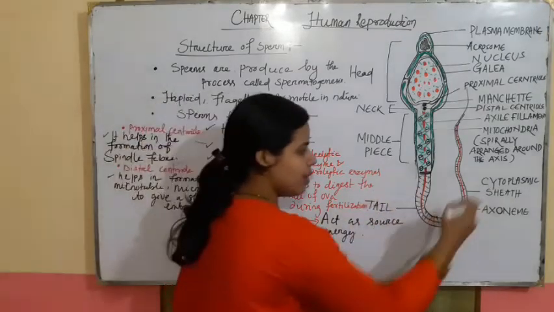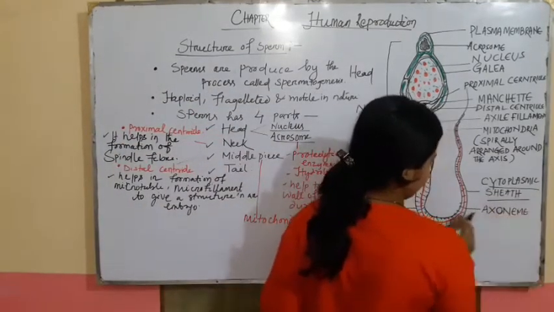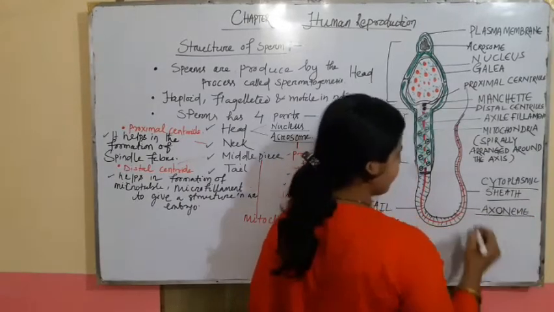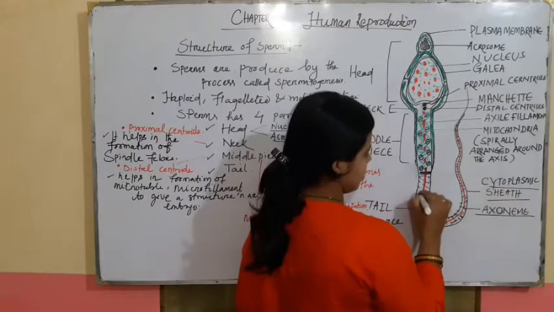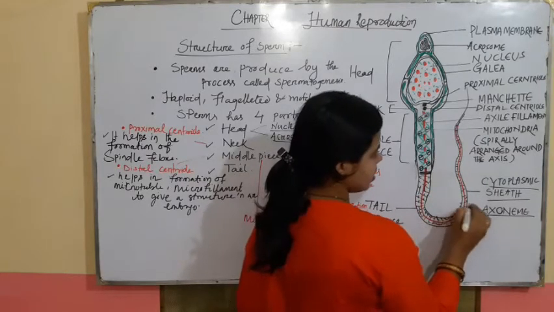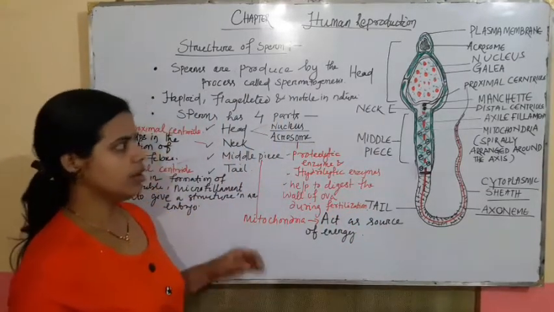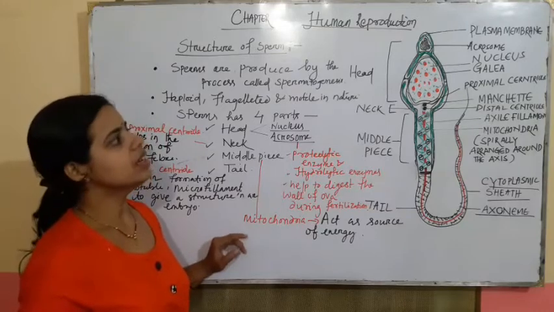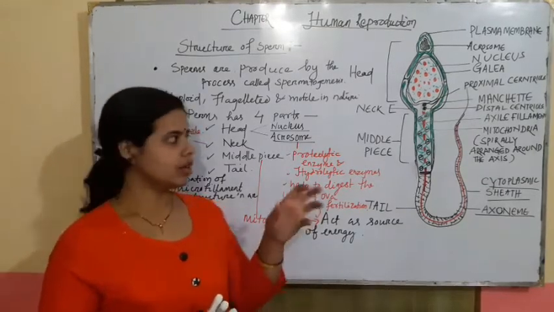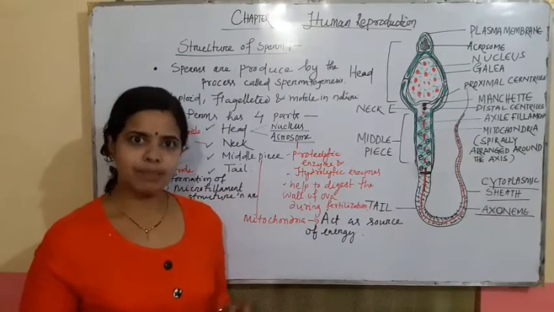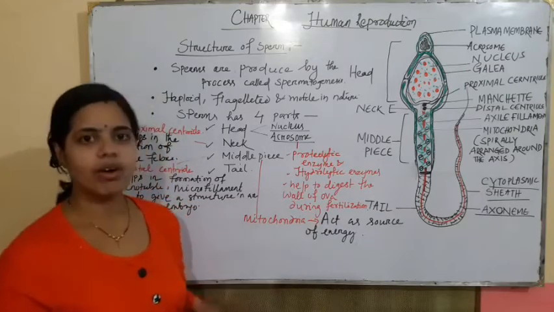The next one is your tail. The tail part possesses some cytoplasmic sheath, the strand called the axoneme. A very small amount of cytoplasm is present in these places. Mainly, during the formation of the zygote, the ovum's cytoplasmic material participates, not the sperm's cytoplasmic organelles.